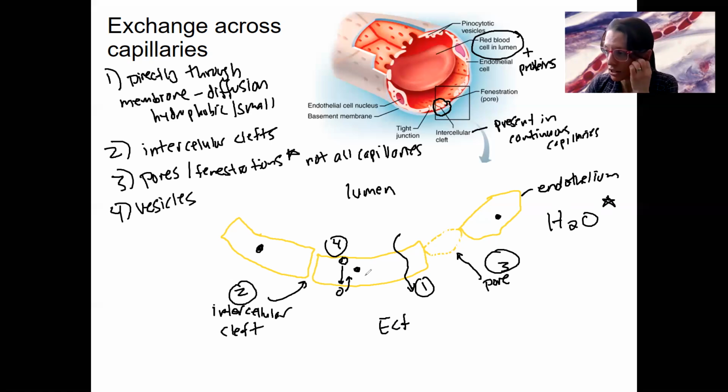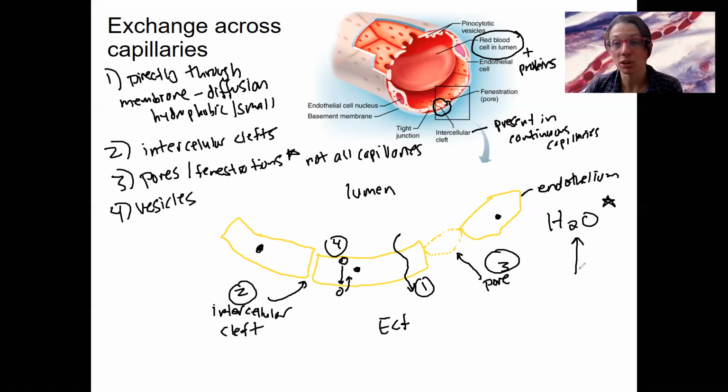It doesn't move in vesicles. But it moves very quickly. So it does go through these clefts, and it's based on pressure differences. So the drive for water is what we're going to focus on. This is going to be important for refreshing the fluid in your tissues, each tissue that has a capillary bed, and also regulating blood pressure as well.